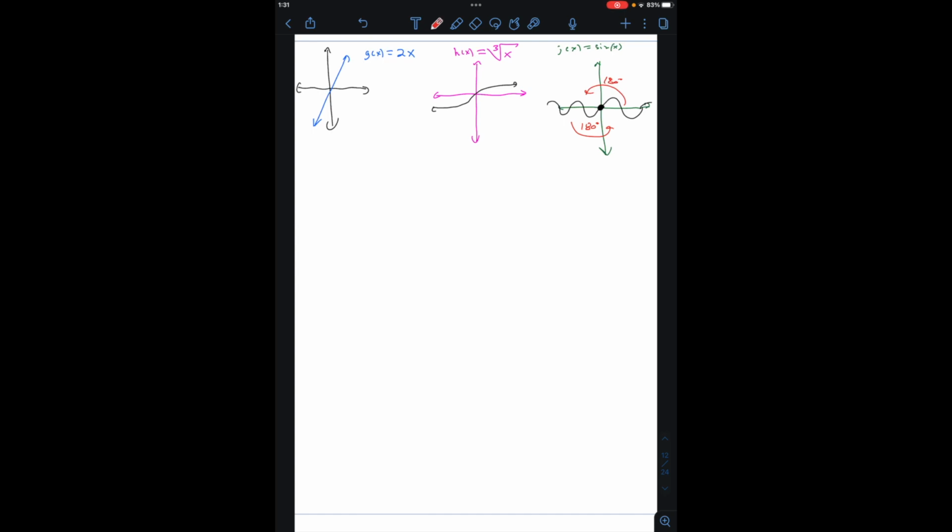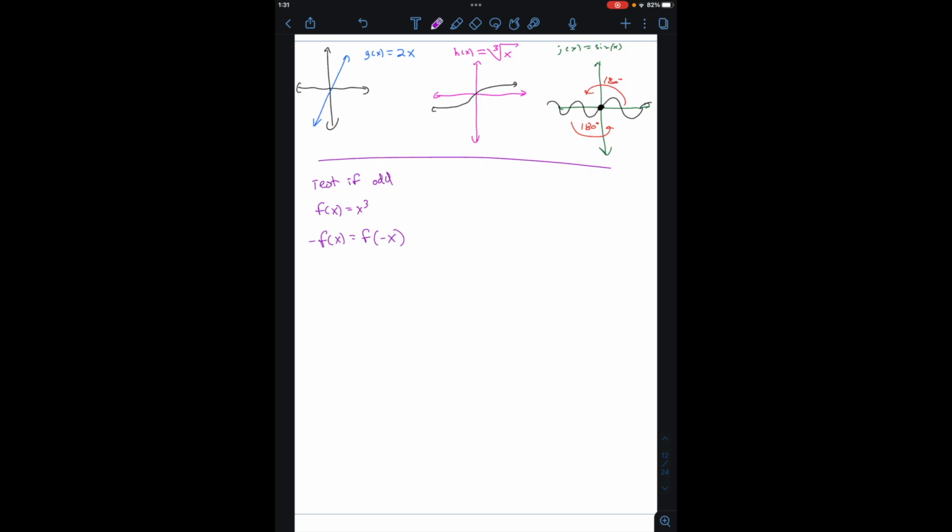And if we want, we can test them out. So if a function is odd, I would want to see, say I had f of x equals x cubed, does negative f of x equal f of negative x?